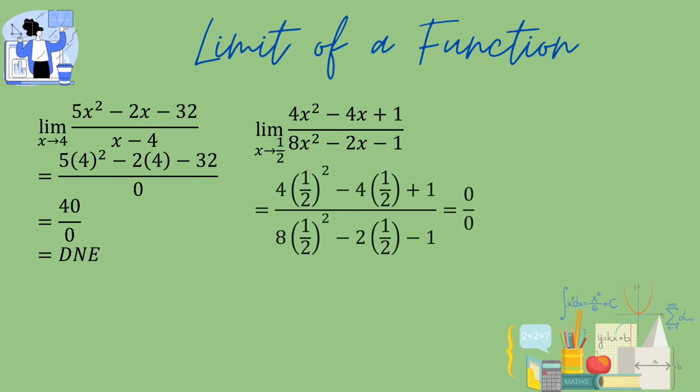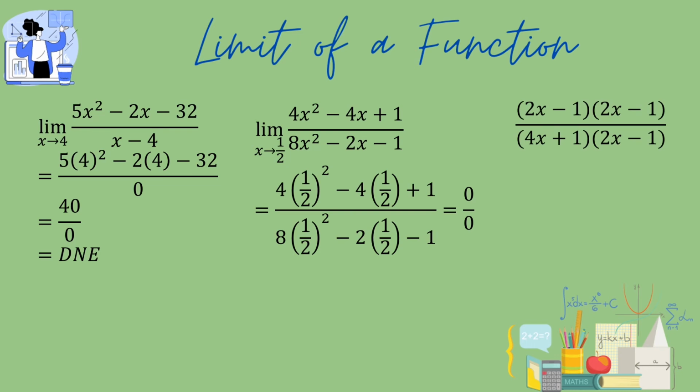By substitution, we will obtain 0 in the numerator and 0 in the denominator. Thus, when we have an indeterminate value, we try to factor the numerator and the denominator, which in this case gives us a common factor of 2x minus 1.